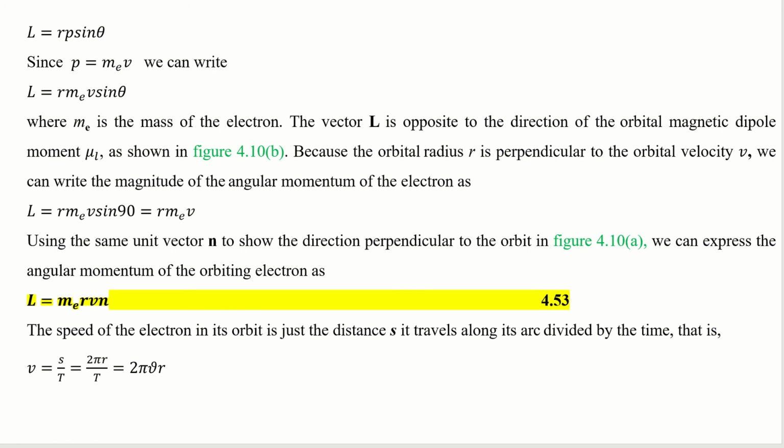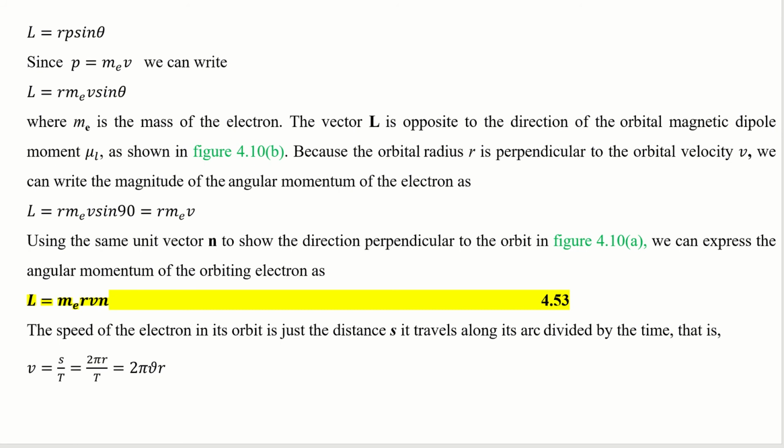But r is perpendicular to v, therefore the angle between r and v is equal to 90 degrees. Therefore, we can write L equal to r m sub e v sine 90. But sine 90 is always equal to 1.